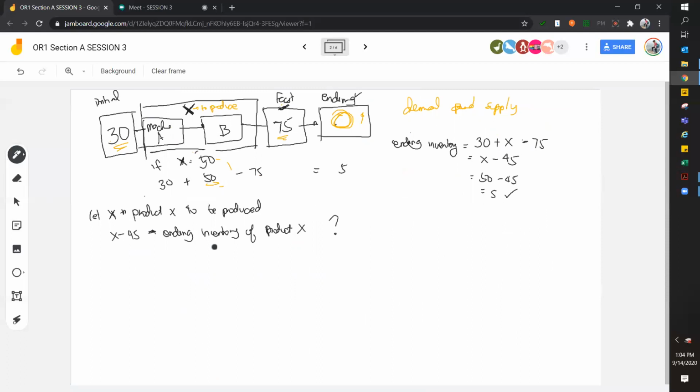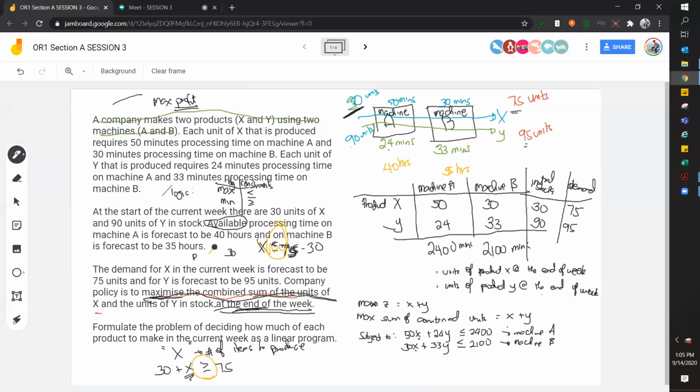Yep. So we're still at the decision variables. Is it okay if I continue first before you explain again? So we have product Y to be produced. And then for Y, how about it? Let's represent it here. How many initial stocks? 90.